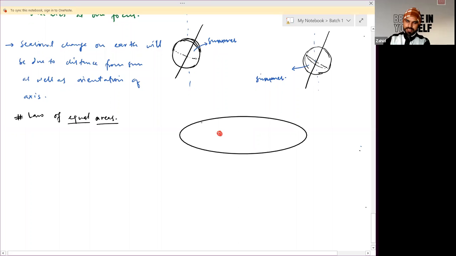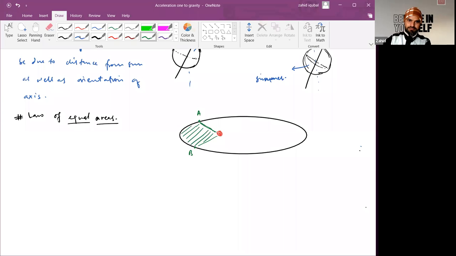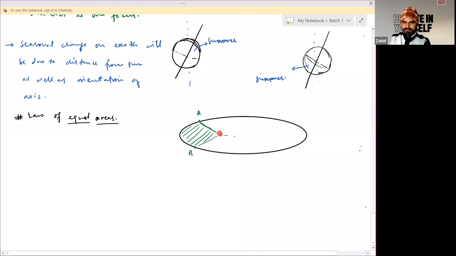The line joining the planet to the sun from this point to this point, and from this point to this point, sweeps the total area covered by the planet going from A to B. Similarly, consider the area swept by this radius vector going from this point to this point.